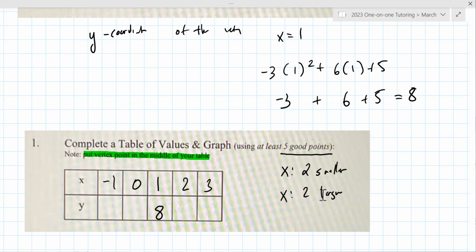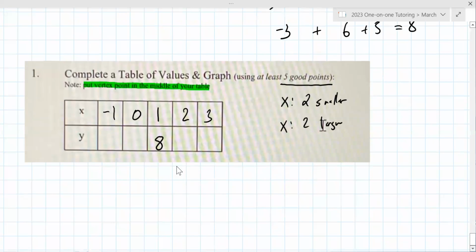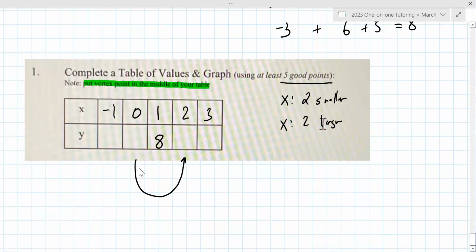Like the fact that you don't have to do all of these, or you do one and then by symmetry get the other. So will you put 2 into that original equation for x and give me the result, or 0? Either one is fine. Actually, you choose whichever one you prefer.